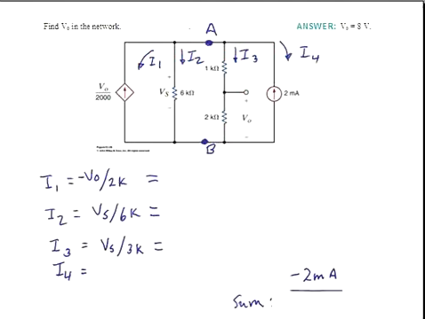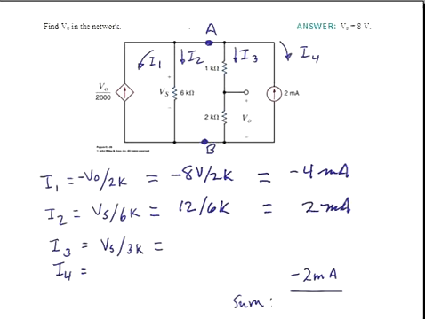Now let's look at how these currents sum up. We have that I1 is minus VO divided by 2K, so that will be minus 8 volts divided by 2K, which is equal to minus 4 milliamps. I2 is Vs divided by 6K. Vs is 12 volts divided by 6K is equal to 2 milliamps.